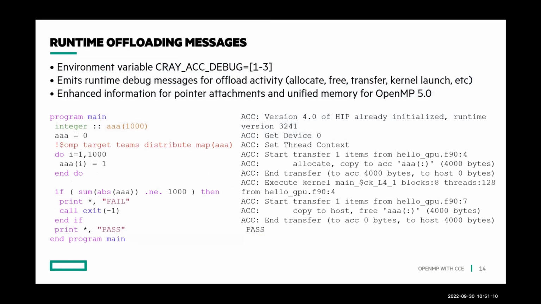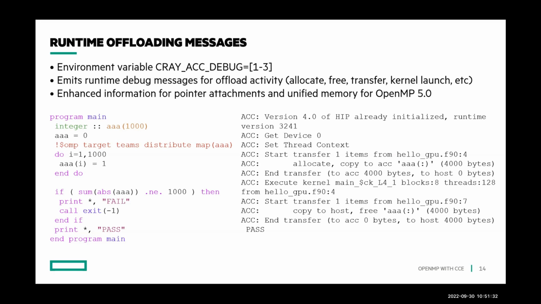All right. So we provide some support when you're using offloading, some additional runtime messaging that's optionally available with a Cray ACC debug option with different levels of verbosity. It provides a lot of useful information for documenting the offloading activity with line number information.